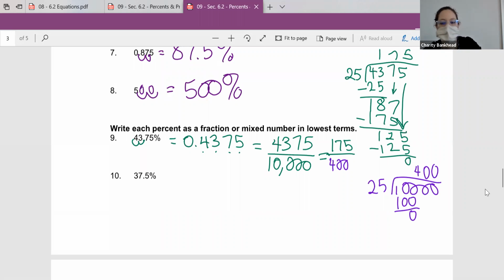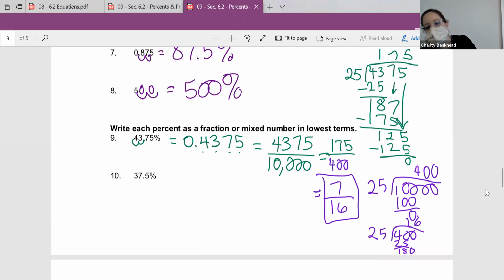So 25 would go into 175 7 times, and 25 would go into 400 16 times. So 7 over 16 is the answer.